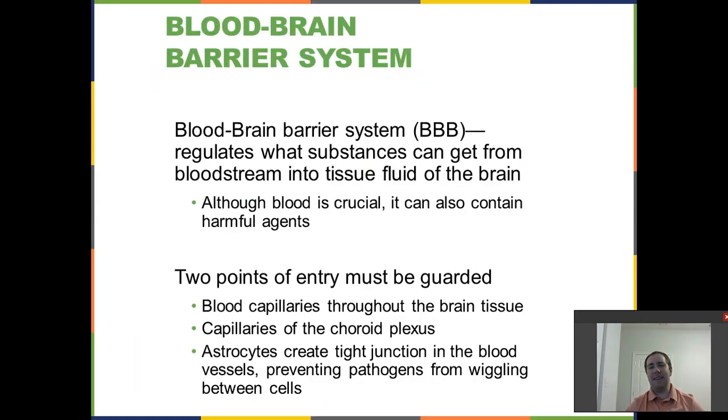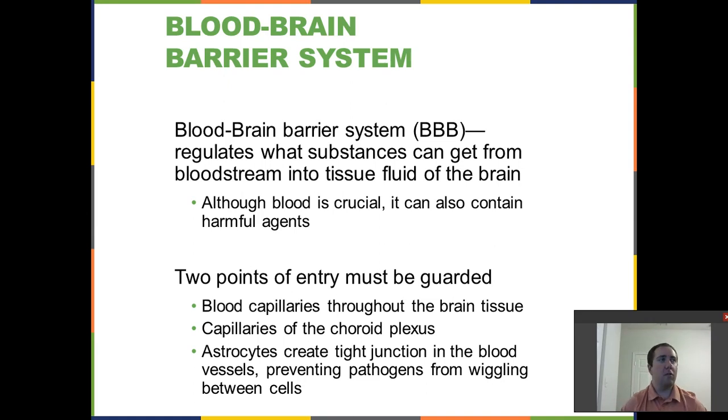So one thing that is interesting about the blood-brain barrier system is it plays a big role in the design of drugs that we take. If we're treating something in our brain, we need to have a drug that can get through the blood-brain barrier system. And most drugs cannot.